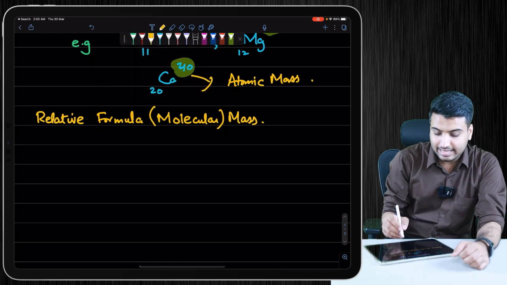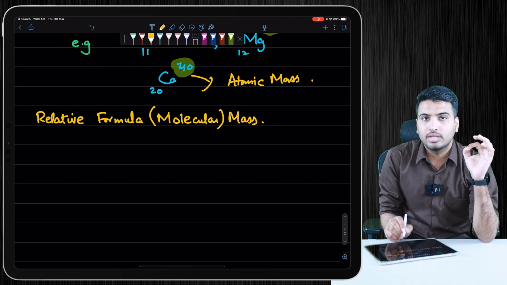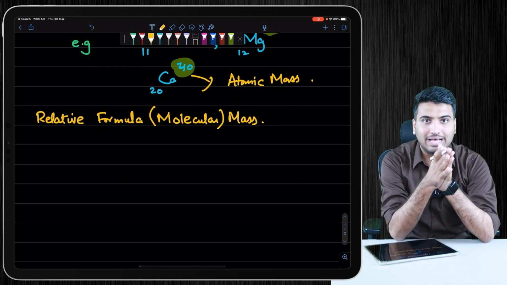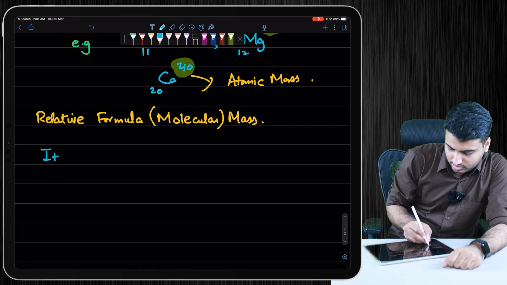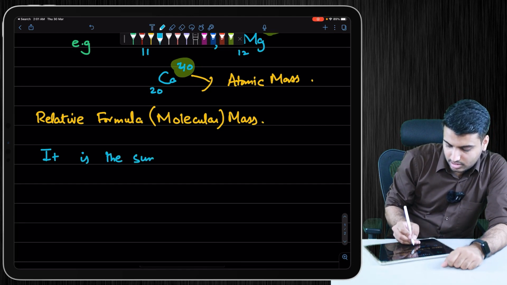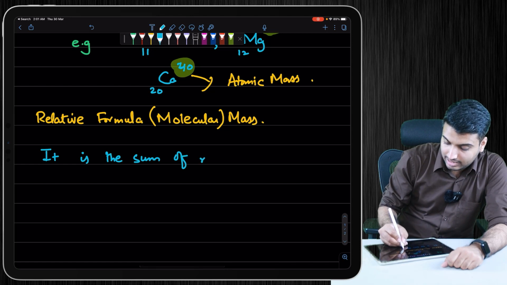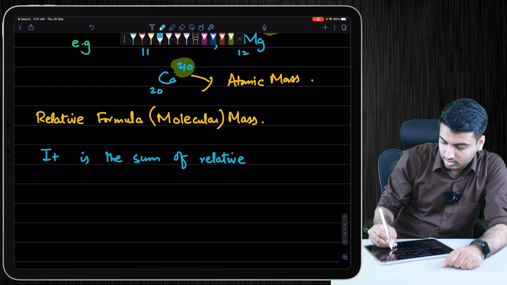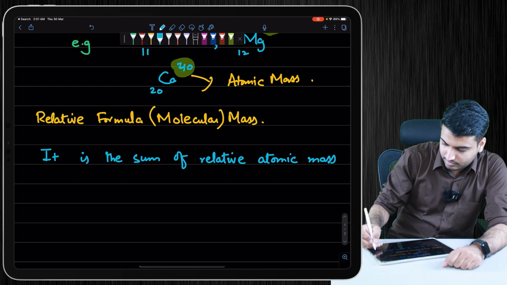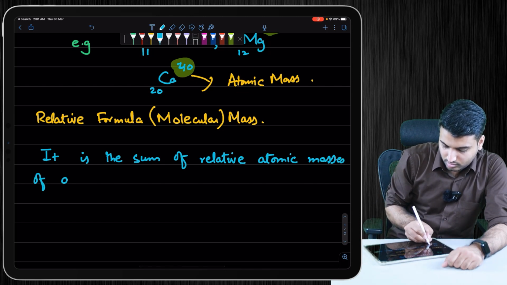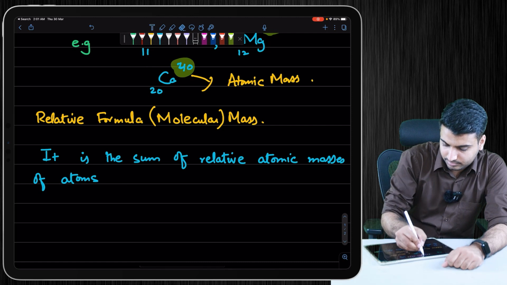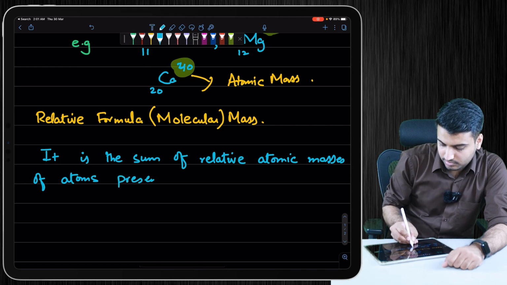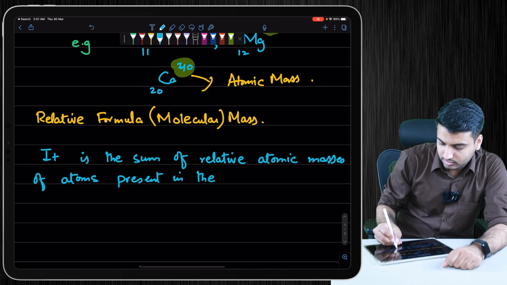Relative formula mass is basically the sum of relative atomic masses of atoms present in the formula.